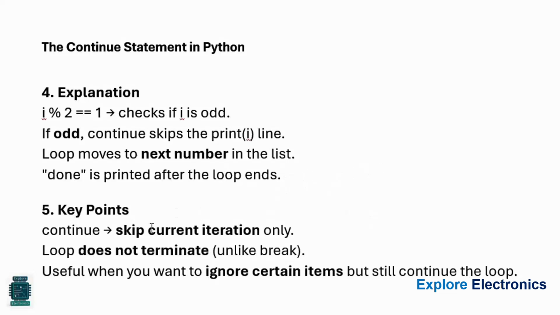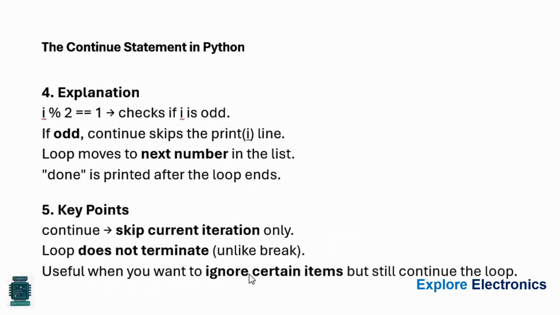But here in continue, it will skip only the current iteration and continue with the rest of the loop, and the loop doesn't terminate like break, because break will immediately terminate the loop whenever the condition becomes true. Continue is not like that. It will continue with the rest of the iterations.